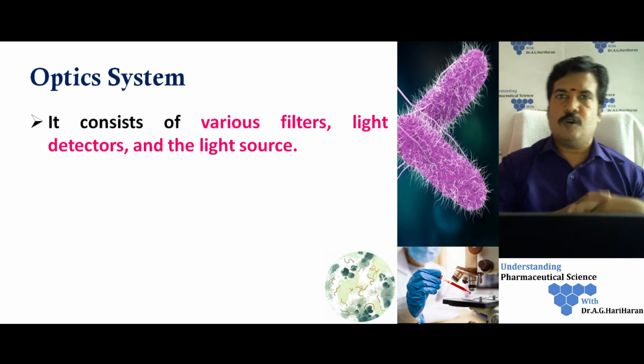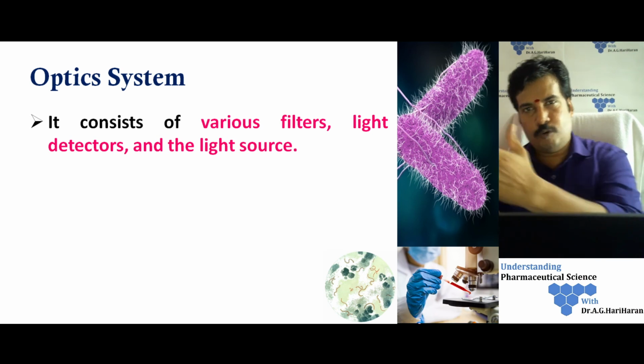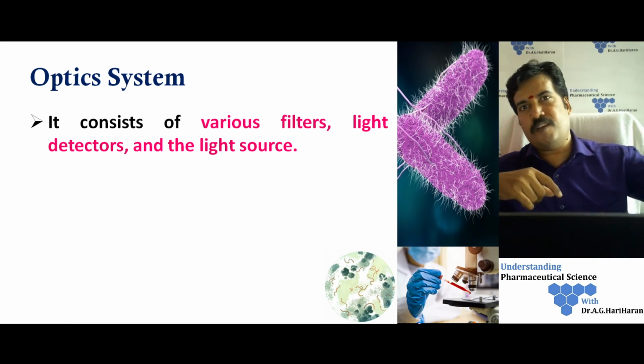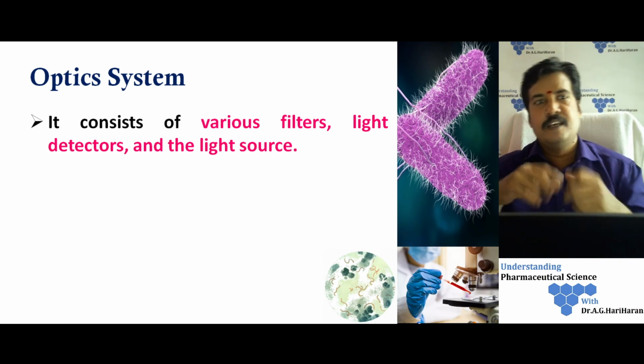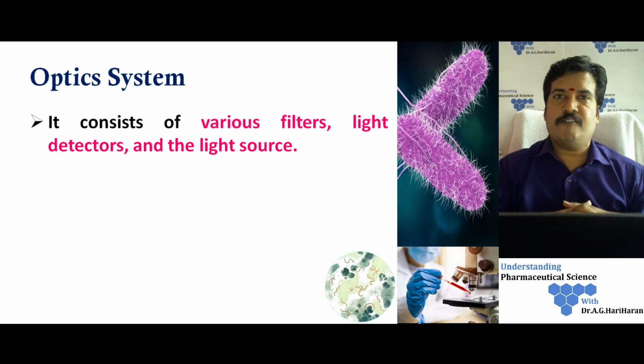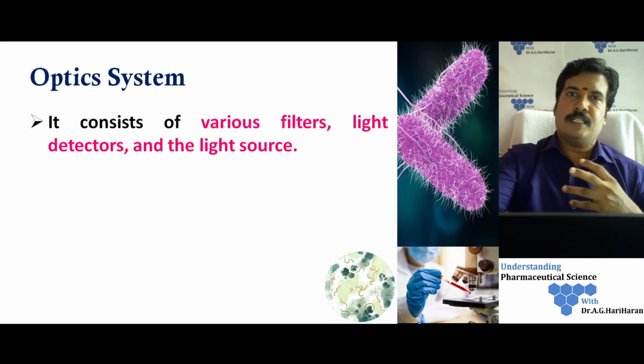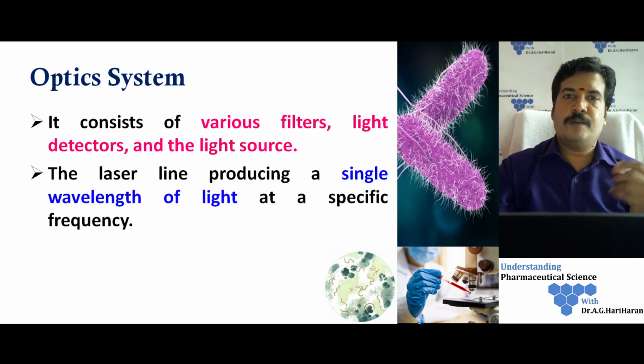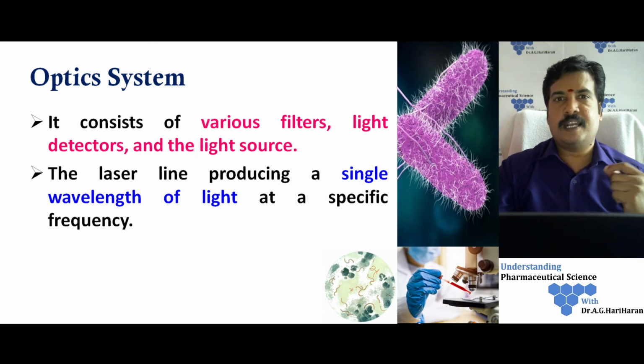The light source will pass the light through this, and it carries various filters. The filters will capture how much light is emitted from each particle. Finally, a detector like a photomultiplier tube or photodiodes will be present, which helps in the amplification of the received light. Right, so the major one is the light source.